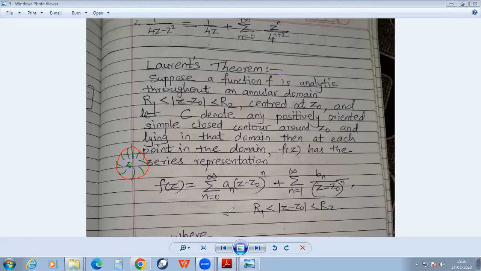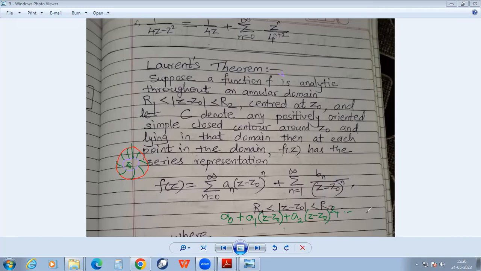You can see an. If I put n equal to 0, it becomes a naught, and z minus z naught raised to 0 makes it 1. Next term will be, if I put 1, a1 times z minus z naught raised to 1, plus a2 times z minus z naught squared, and so on.